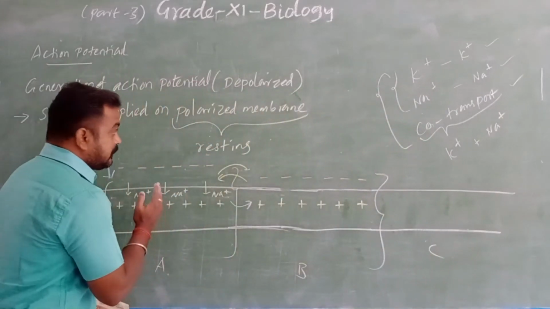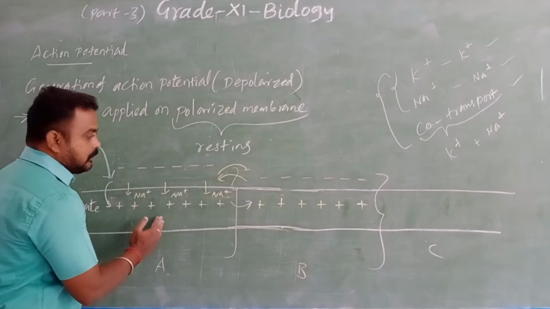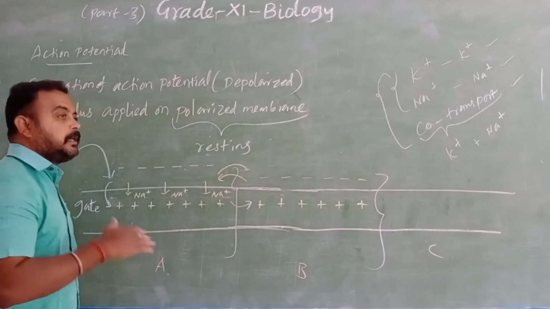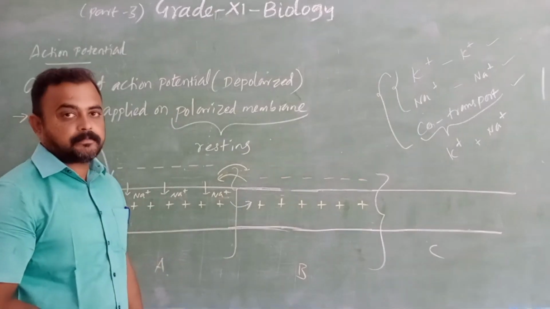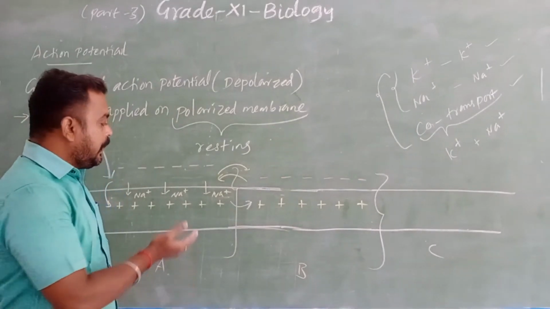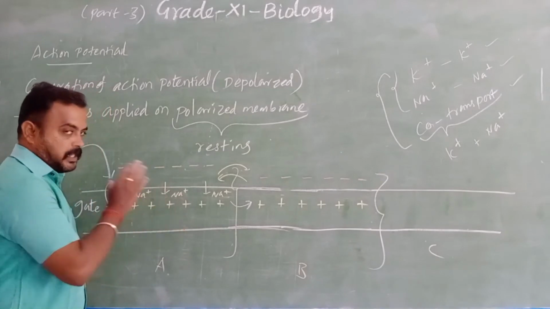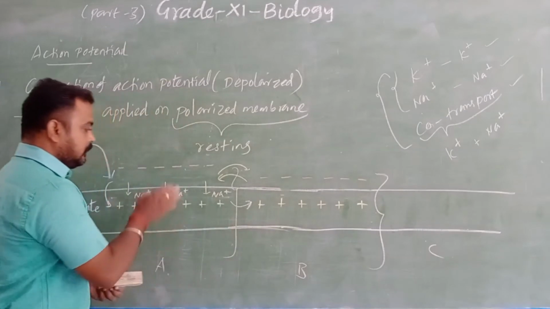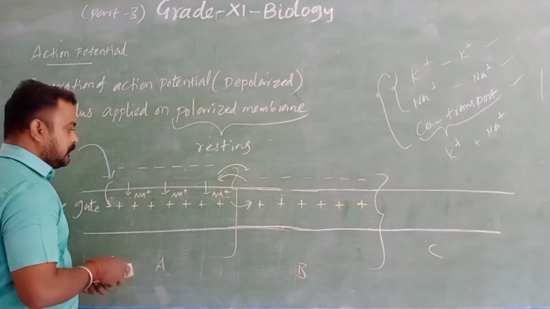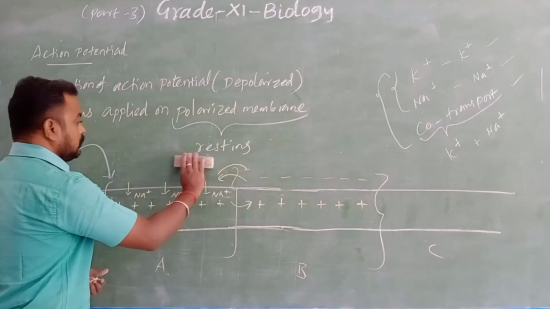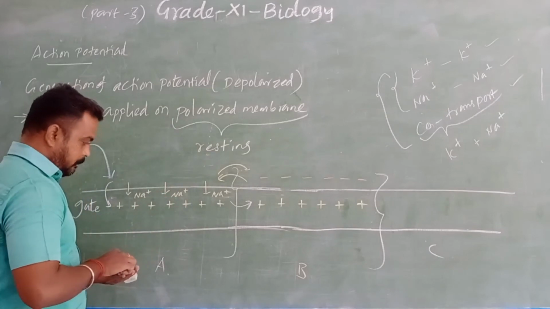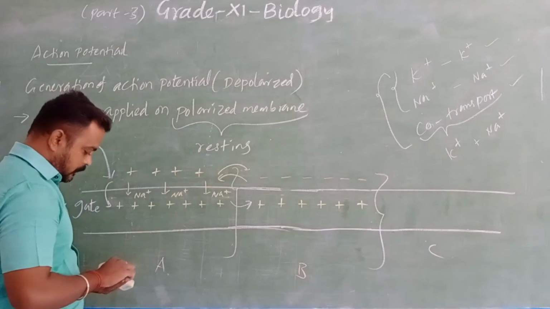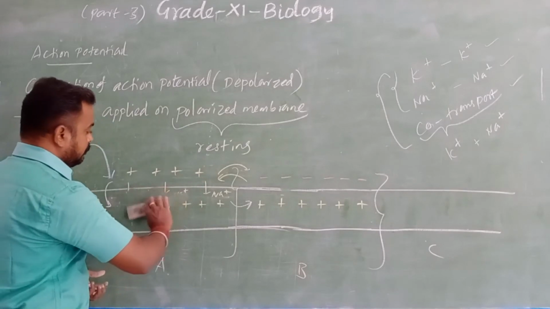Sir, if that depolarization happened here, that means here what happens? Repolarization. Okay. Again it is coming to the normal stage. Now it is depolarized. If it is repolarized, that means it became what? Positively charged. Here it became what?